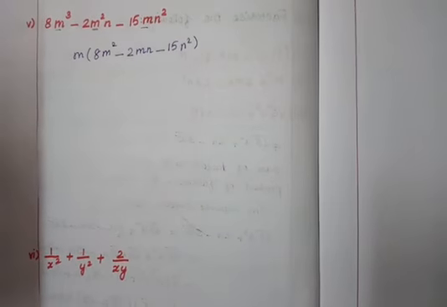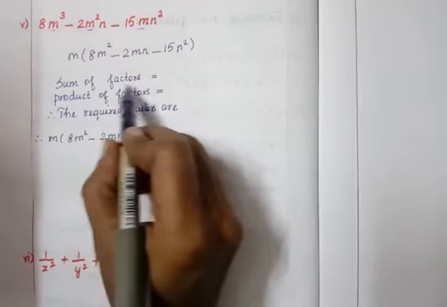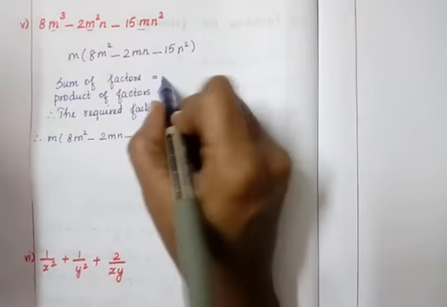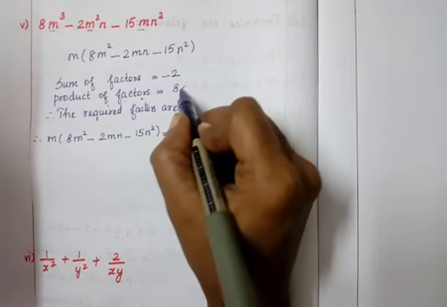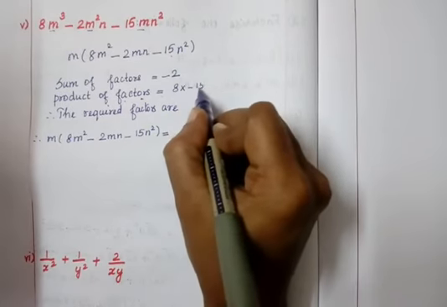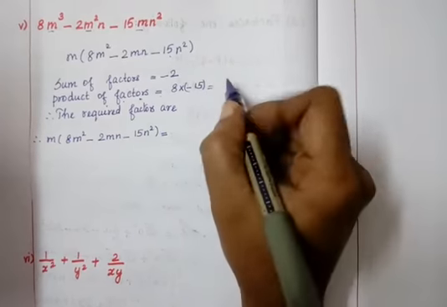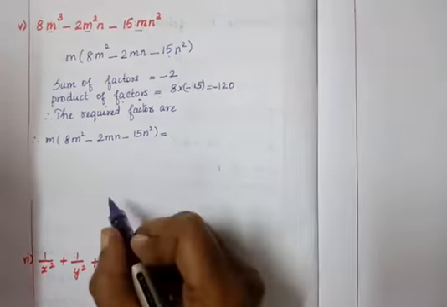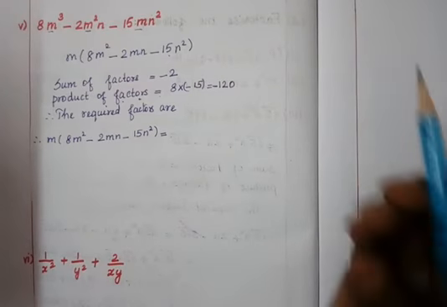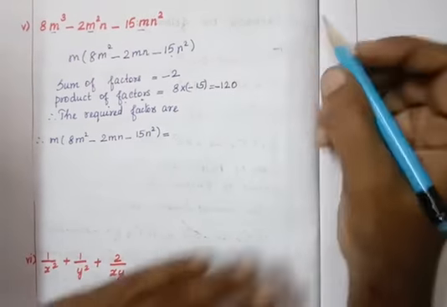Now sum of factors equal to minus 2 and product of factors equal to 8 into minus 15 equal to minus 120. Now we find out the factors. Minus 120.